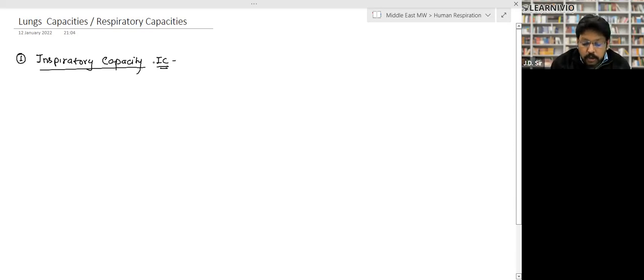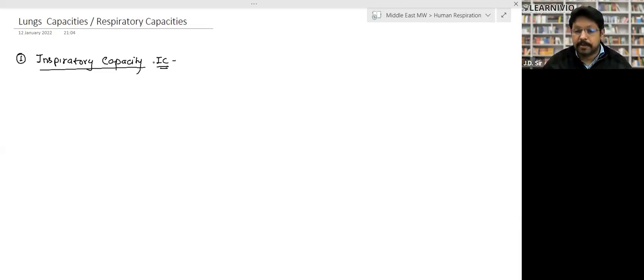This is the total volume of air a person can inspire after a normal expiration.